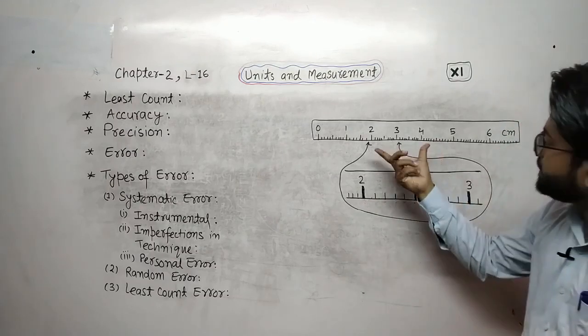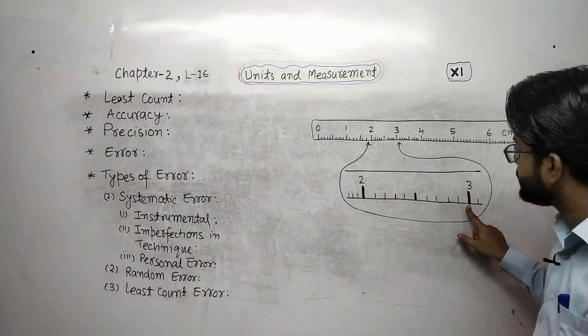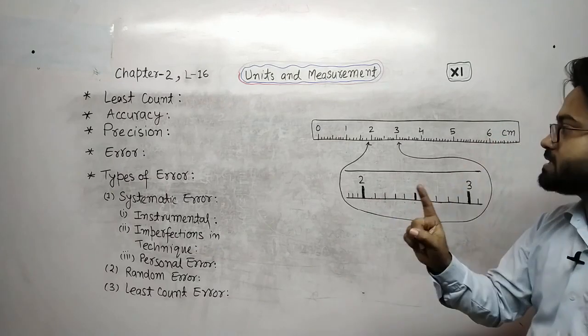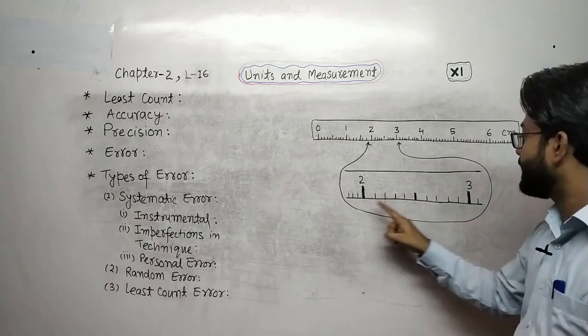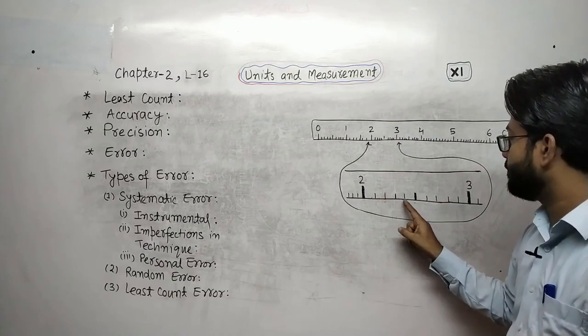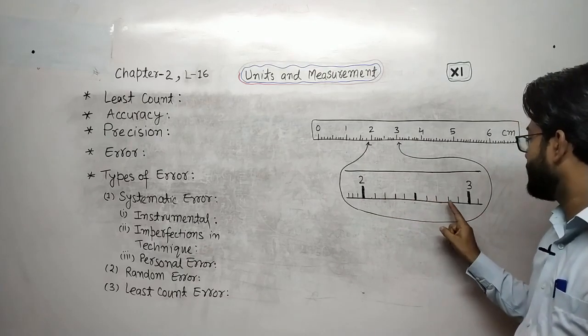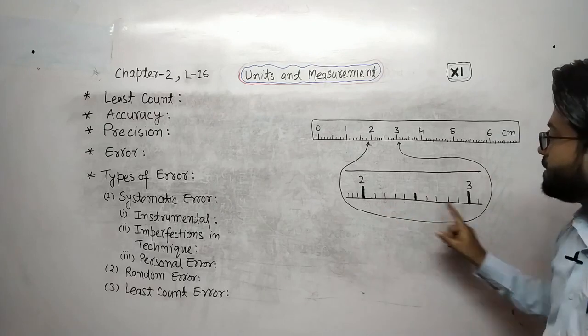If you see from 2 to 3 centimeter, in 1 centimeter you have 10 divisions: 1, 2, 3, 4, 5, 6, 7, 8, 9, 10 divisions.